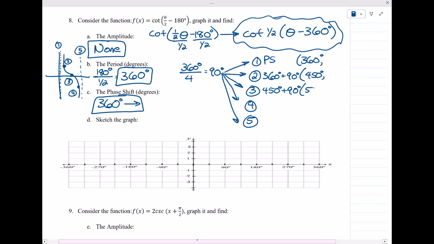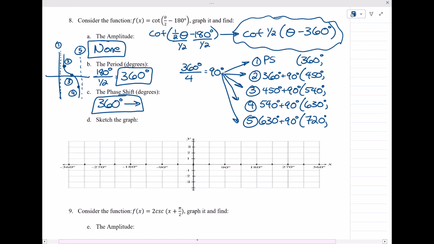And that's 540. Then you take 540 and you add 90 to it. Then you take 630 and you add 90 to it. And that's 720. I don't think it's going to fit on the graph that I drew, so we'll have to modify the graph. All right. On the exam, it will fit on the graph.